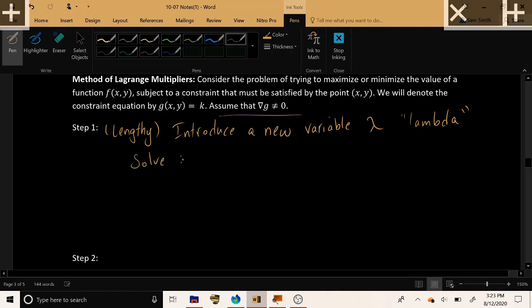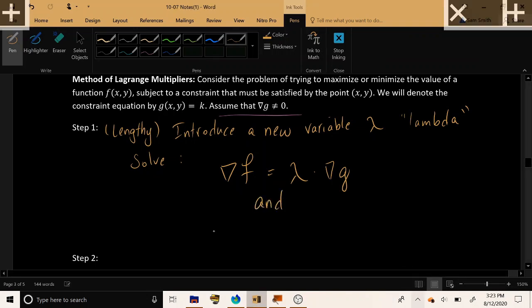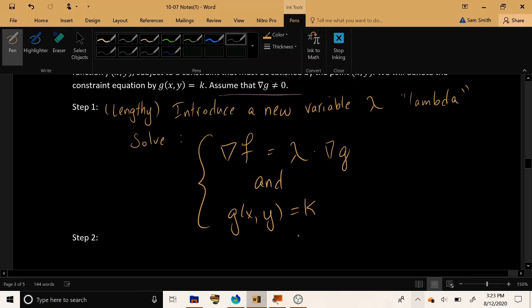The first equation that we solve is we try to make the gradient of the function f that we're trying to maximize equal to lambda times the gradient of g, the constraint function. And simultaneously, we try and solve the constraint equation. We want to find points x, y, which make both of these two equations true at the same time.